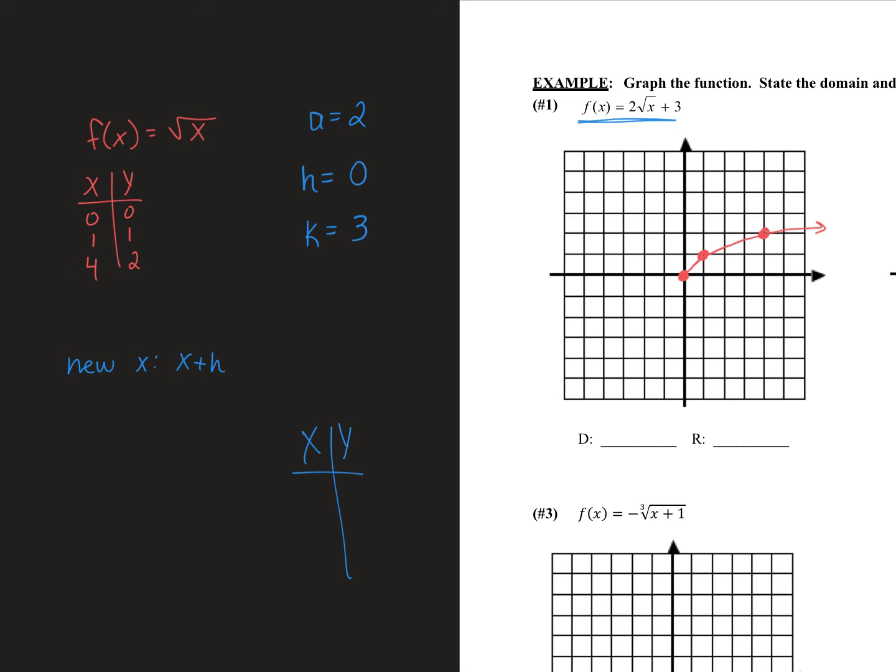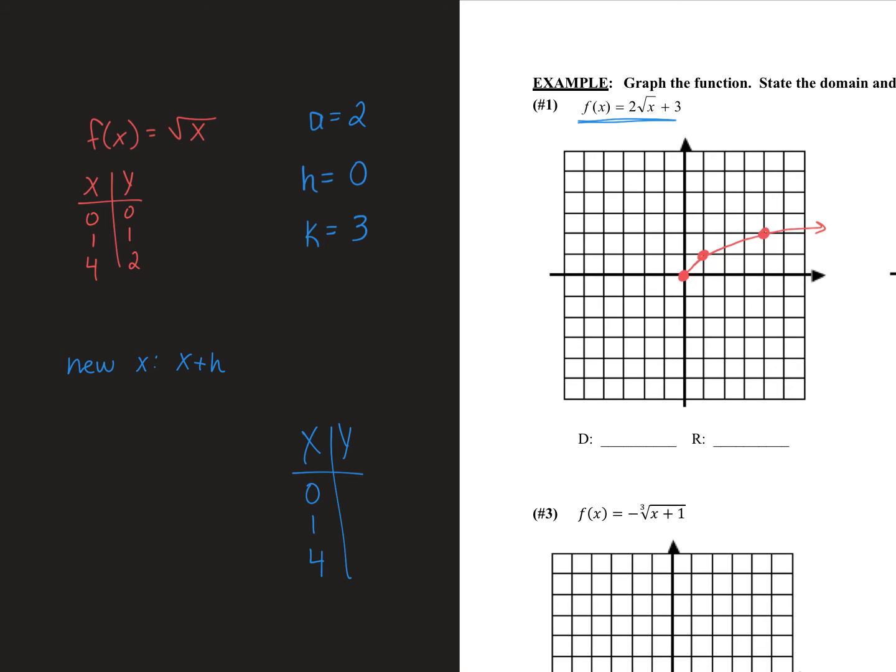Since h is 0, we're going to do 0 plus 0, which is still 0. 1 plus 0 is 1, and 4 plus 0 is 4. So I took these values here, 0, 1, and 4, and I added h to each of them.